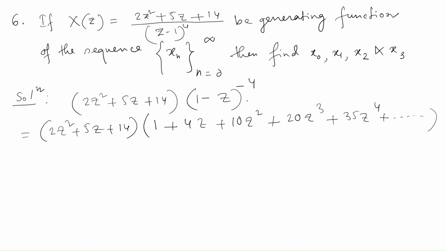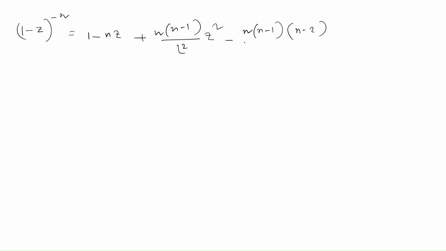To remember this, you can remember the formula (1 minus z) power minus n as 1 plus nz plus n(n plus 1) by factorial 2 z square plus n(n plus 1)(n plus 2) by factorial 3 z cube plus so on. So put the value of n as 4, you will get the desired series.